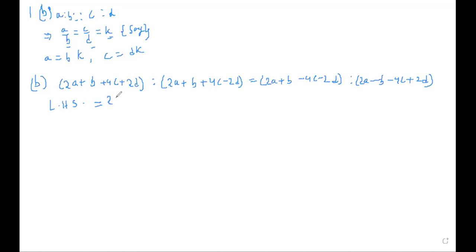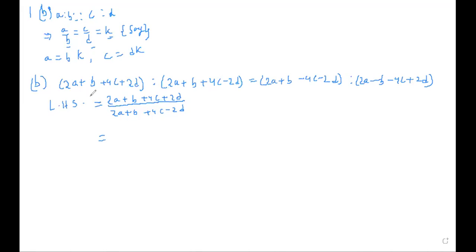So when we start proving, in place of ratio, we write it in fraction form: 2A plus B plus 4C plus 2D over 2A plus B plus 4C minus 2D.